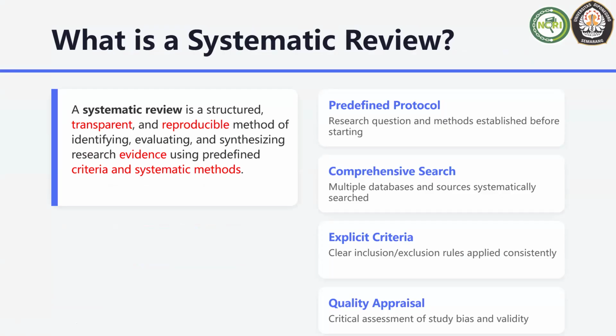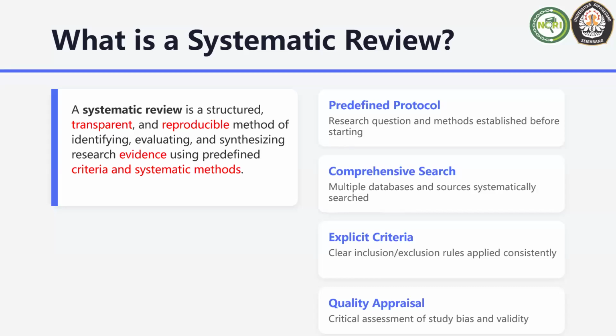For a systematic review, we use a predefined method, and that is why before you actually start it, you need to have a protocol developed. This is a pre-planned methodology of how you are going to actually conduct your systematic review.